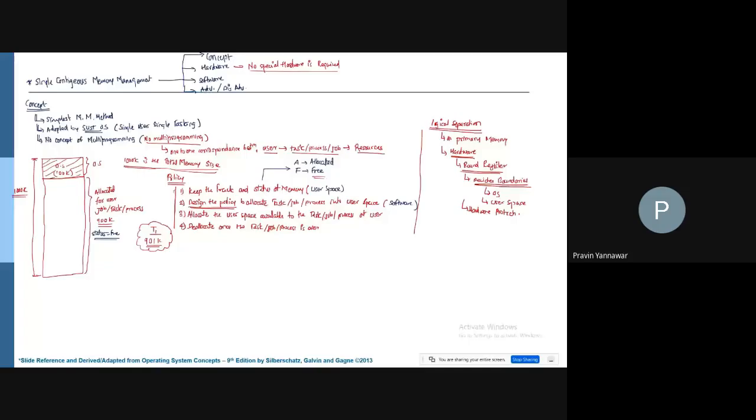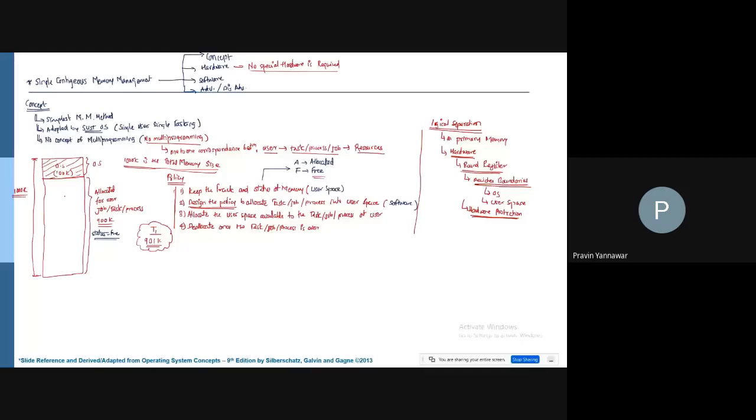Hardware protection means whatever task the user is going to allocate into this user space should not access any information from the operating system's allocated space.